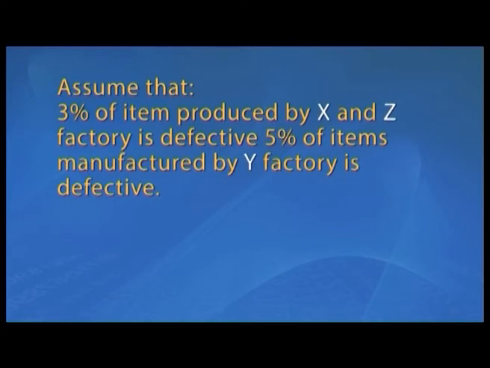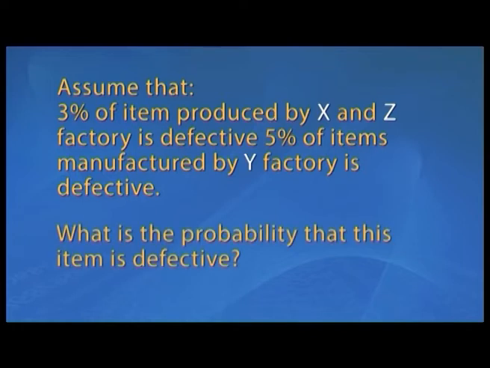Assume that 3% of the items produced by each of the factories X and Z are defective, while 5% of those manufactured by Y are defective. All the items produced in the three factories are stocked, and an item of product is selected at random. What is the probability that this item is defective?